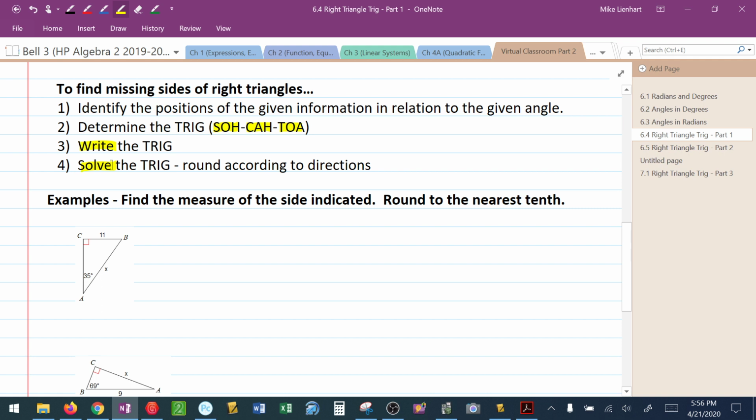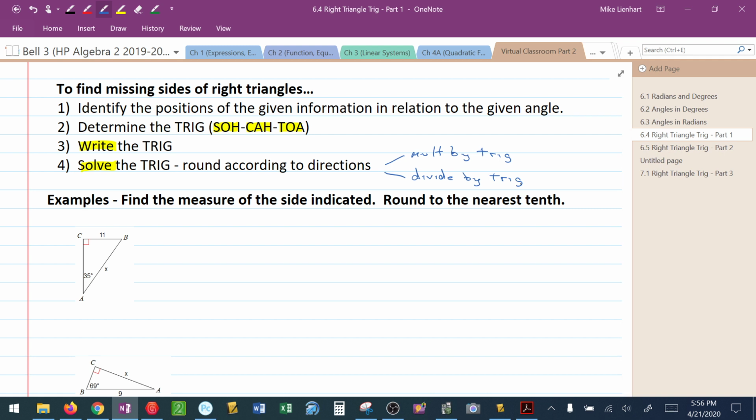There are two different ways to solve the trigonometric equation. You're either going to multiply by trig or you're going to divide by trig. Essentially, this is a quick way to solve the proportion that we're creating.